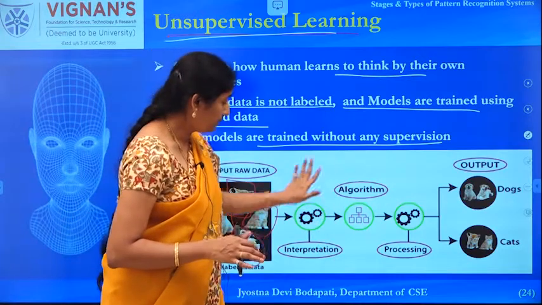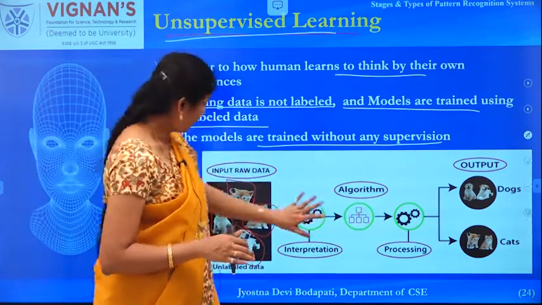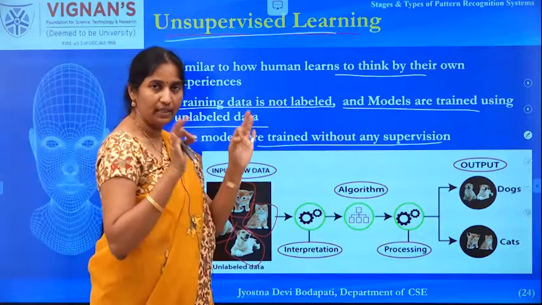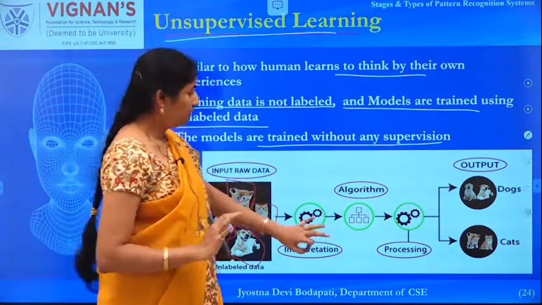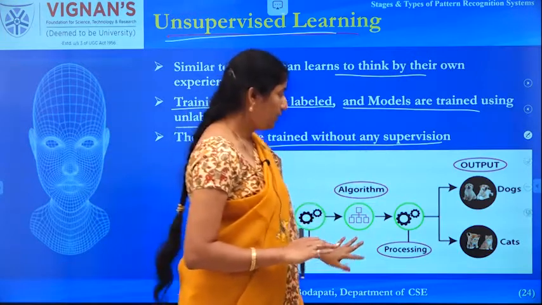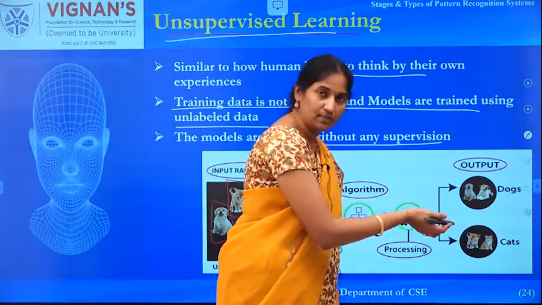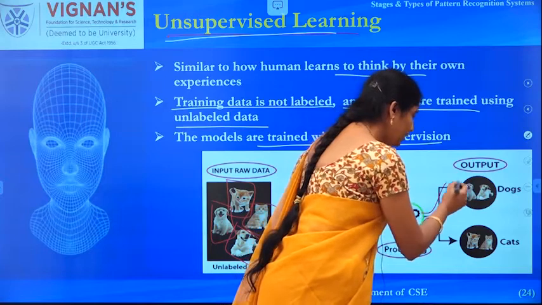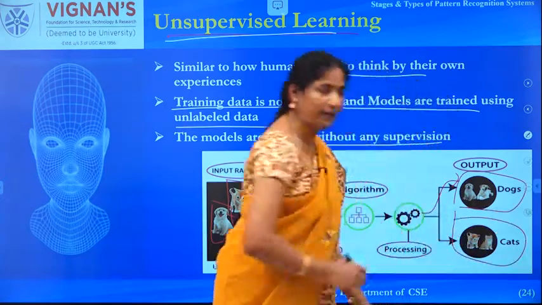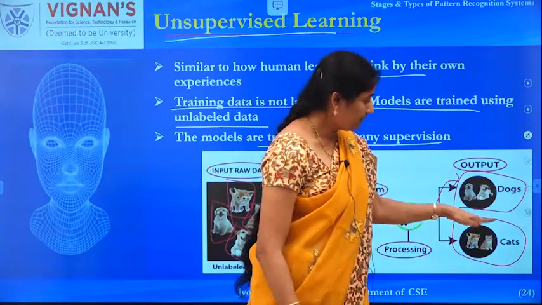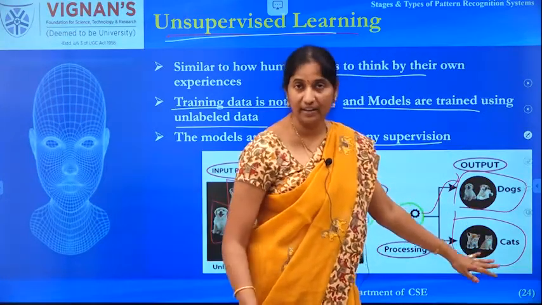Now, the algorithm will be trained on this data. You are passing just the raw or pre-processed data without any labels, and then the model will be generated. What the model does is group the data you are passing into two groups, two partitions. It is categorizing the data by analyzing it.